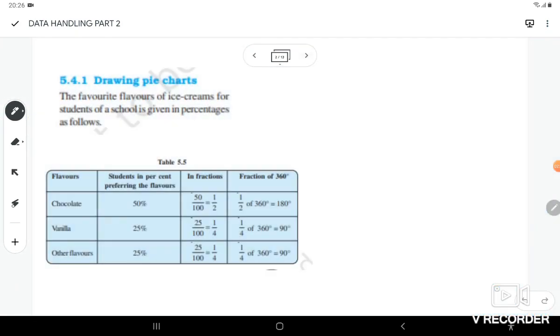Now let's see how we draw pie charts. The favorite flavors of ice cream for the students of a school are given in percentages. The flavors are chocolate, vanilla and other flavors, with chocolate at 50% liking, vanilla at 25% liking, and other flavors at 25% liking.